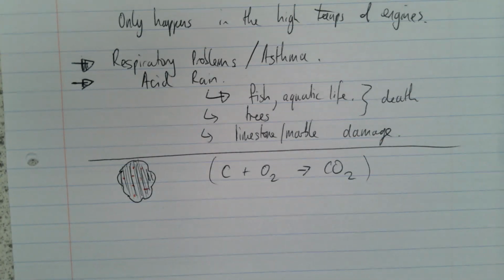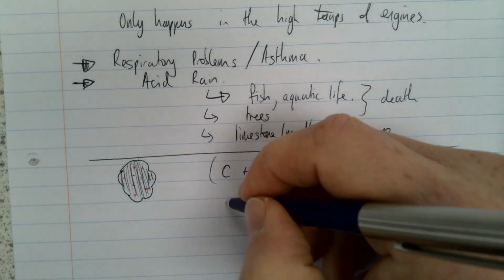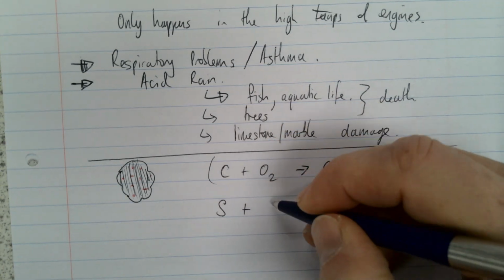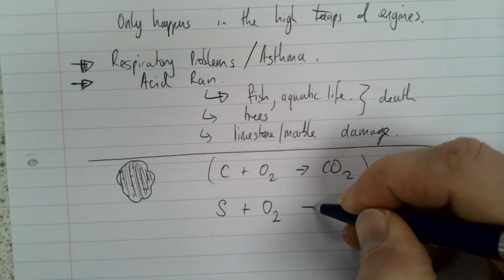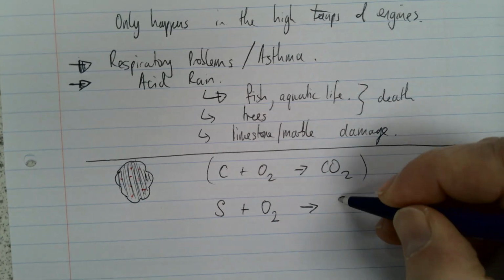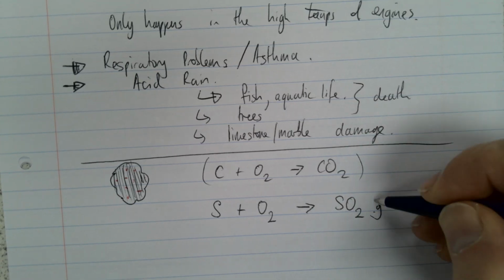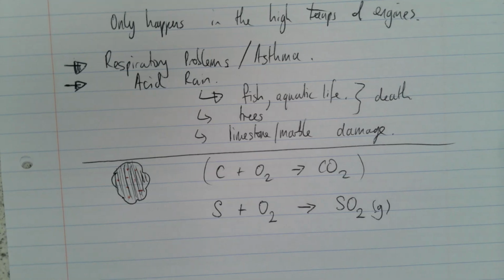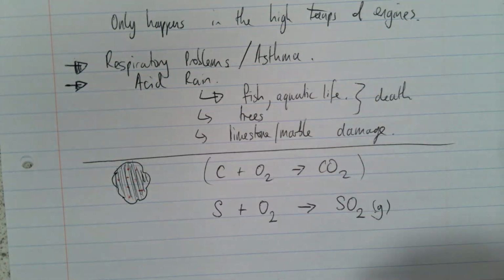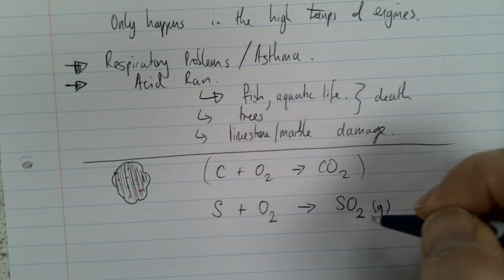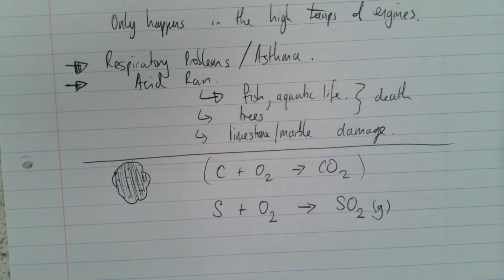It's at very high temperature, surrounded by oxygen, and the sulphur will react in a very similar way, with oxygen to give sulphur dioxide. And sulphur dioxide is also a gas, and it can also cause problems. It's in tiny quantities, but they're significant enough when you burn lots of the stuff to produce issues.